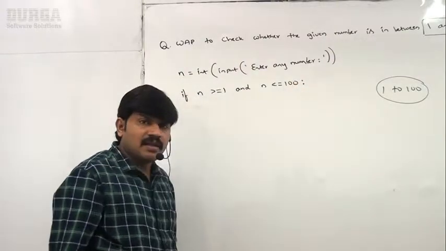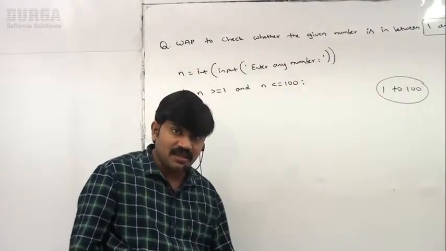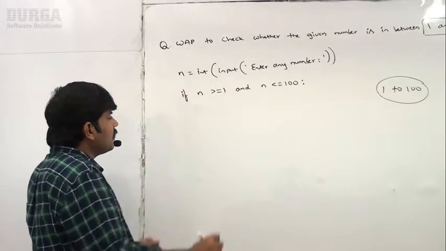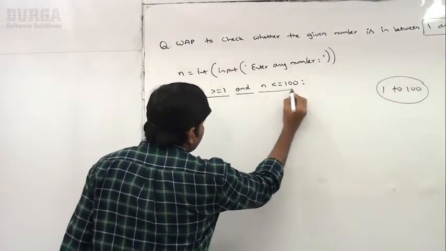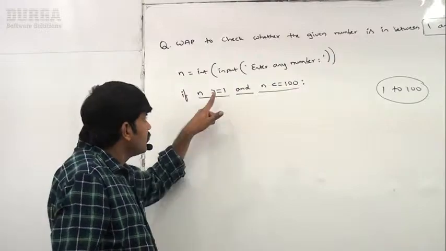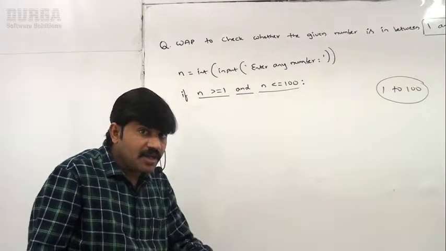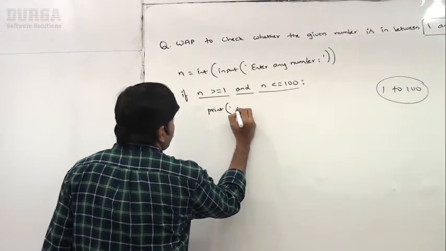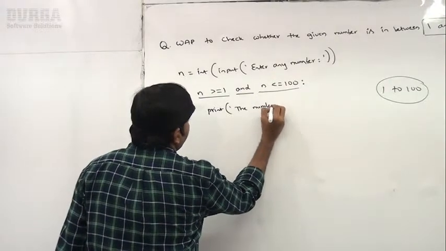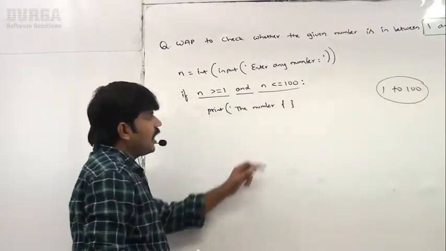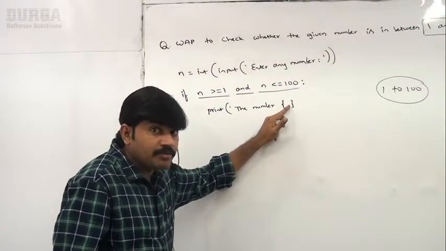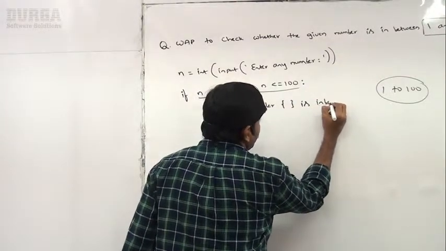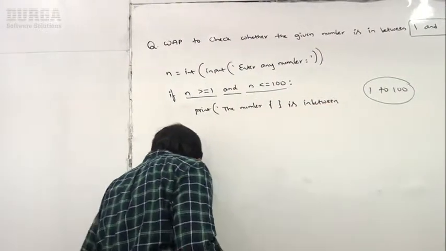Of course, there are multiple other ways, maybe the range function. But anyway, one way I'm explaining, sir. If n is greater than or equal to 1 and less than or equal to 100, it means this number is in between 1 and 100 only. Now print "The number {} is in between 1 and 100".